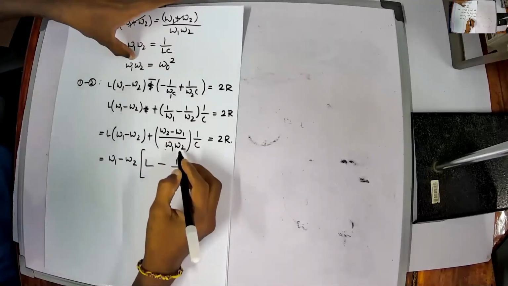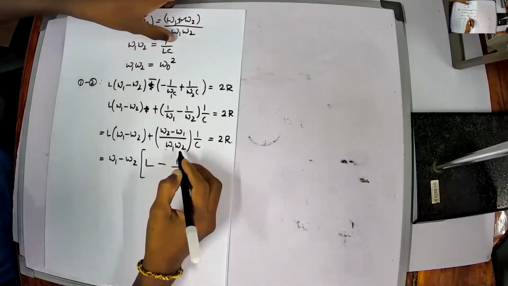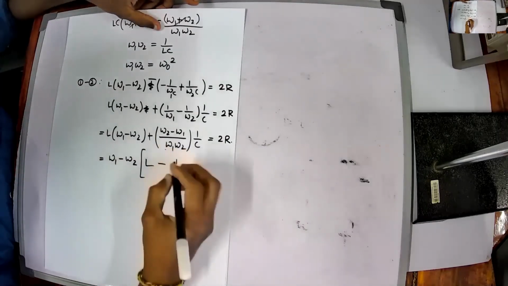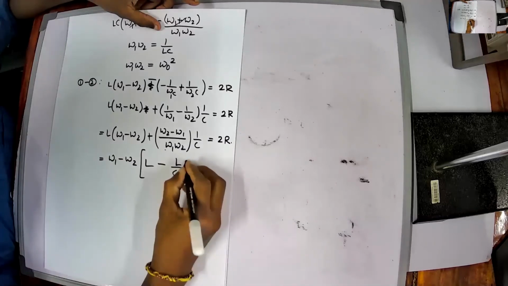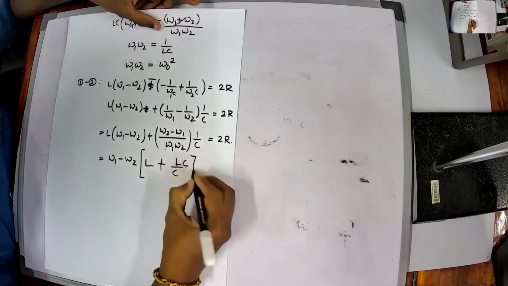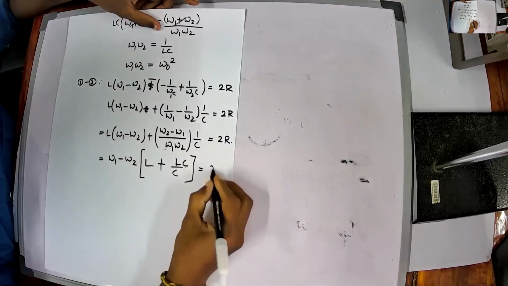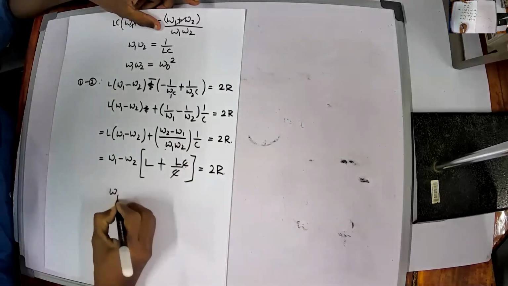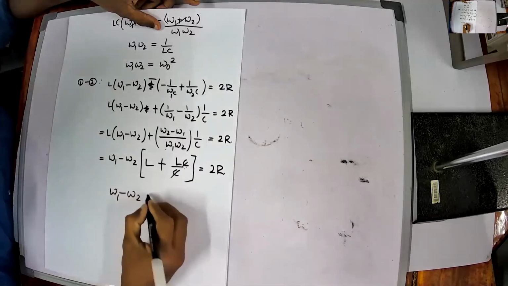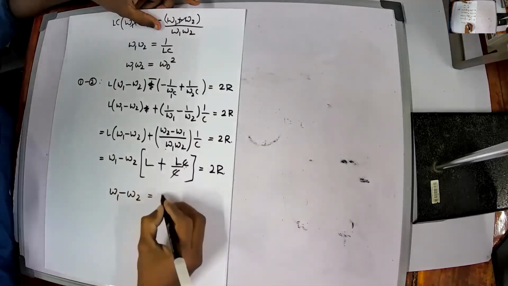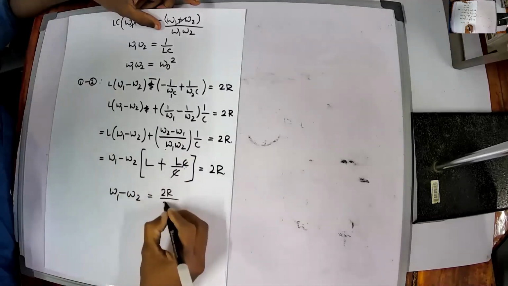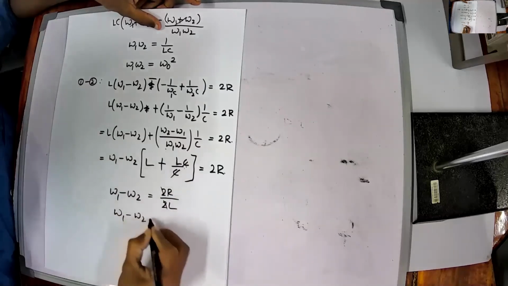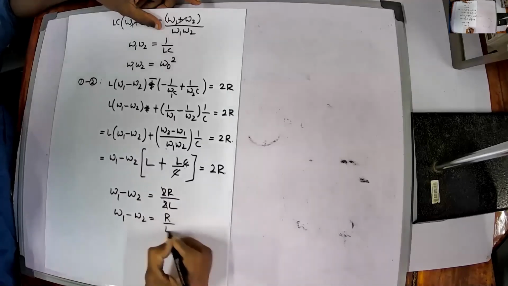What we have done here is omega 1 omega 2 is simply 1 over LC. If it is 1 over LC, LC will go on top. So this will be plus, equals 2R. So omega 1 minus omega 2 will be equal to 2R over 2L, which is R over L.